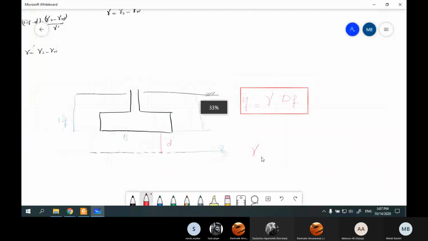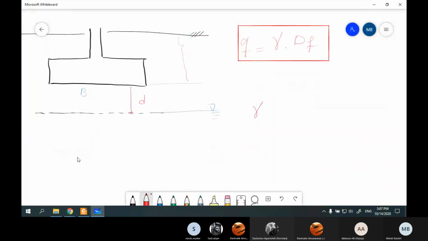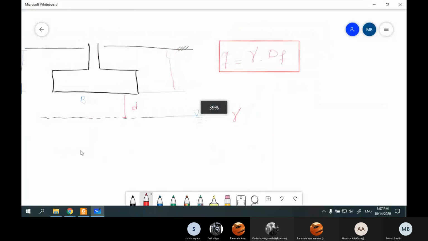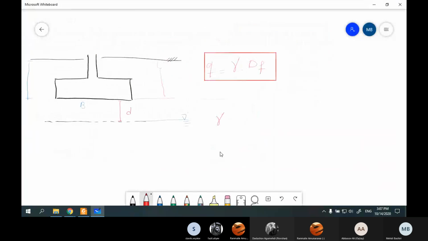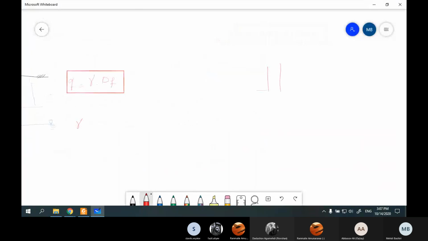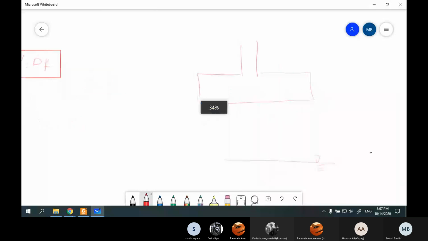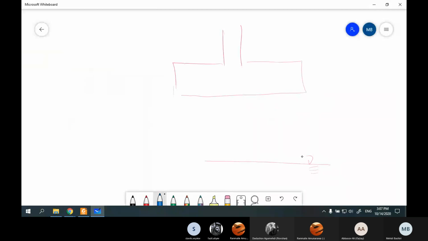The effective distance of water level is d. What does it mean, the effective level? For example, we have this foundation and this is the water level. Suppose the width of your foundation is 5 meters, and this distance is 50 meters.